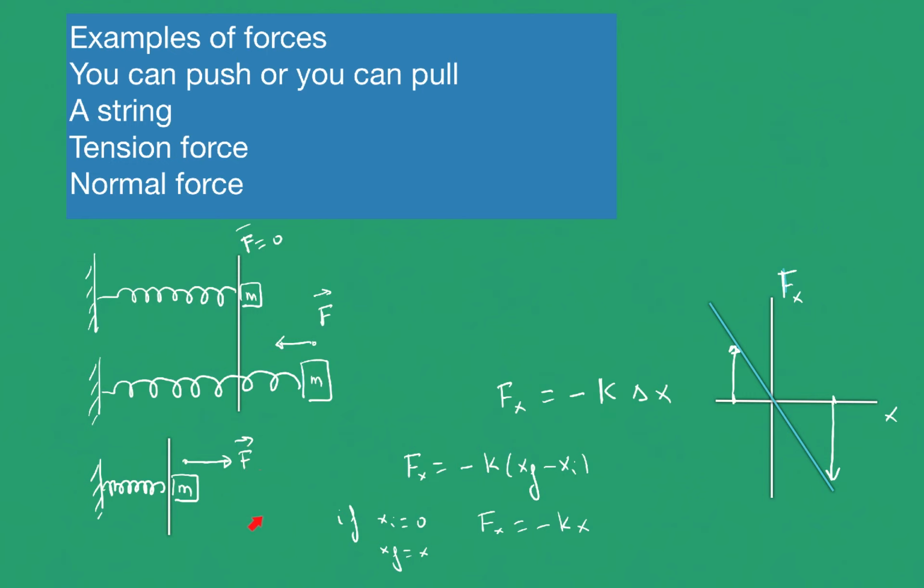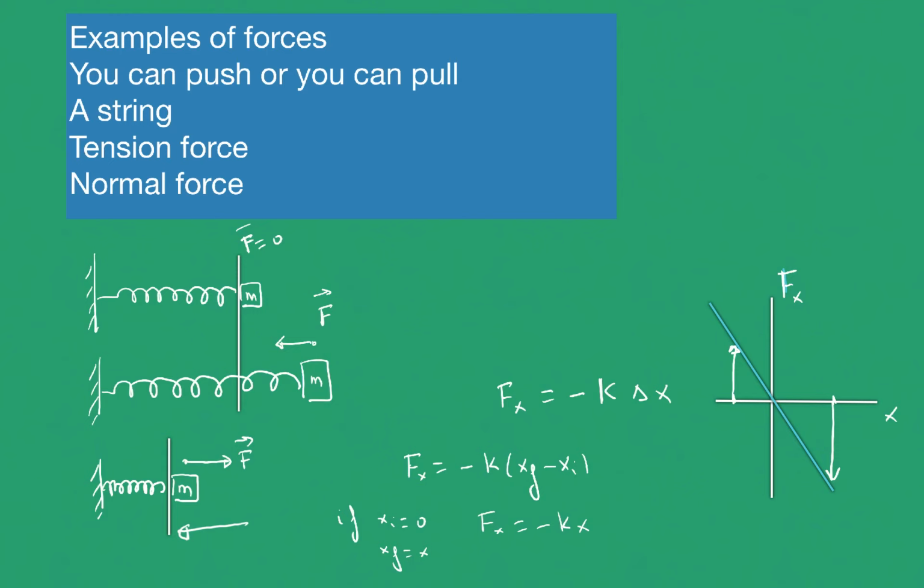So when you compress the spring a certain number of meters, the force will go in the opposite direction of this displacement. The compression is in this direction, and the force will go in the opposite direction.